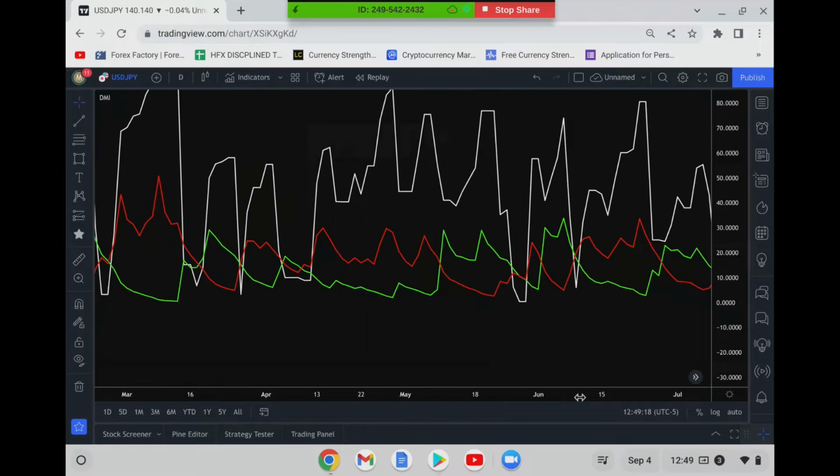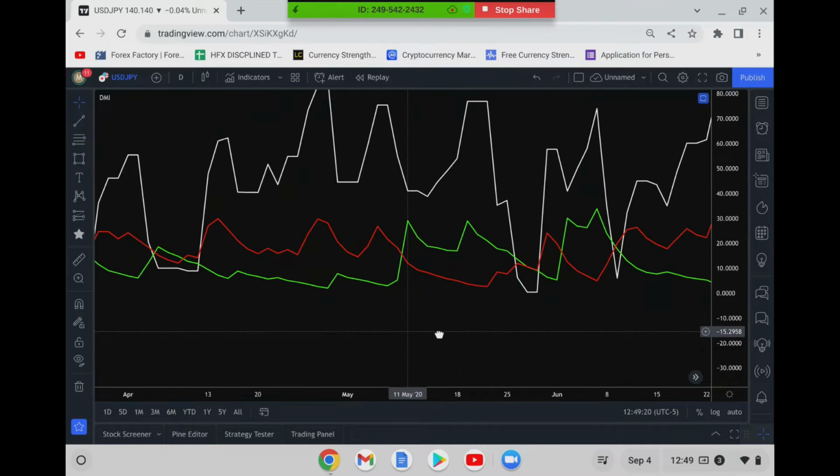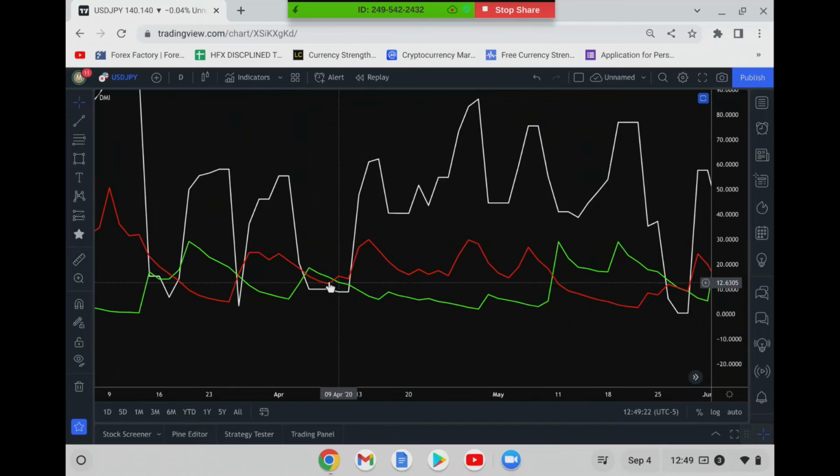Now, it would be the opposite for a sell, you guys. So when you see the red line crossing above the green line, that lets us know that sellers are in control and you should be entering in for sell positions in this market.